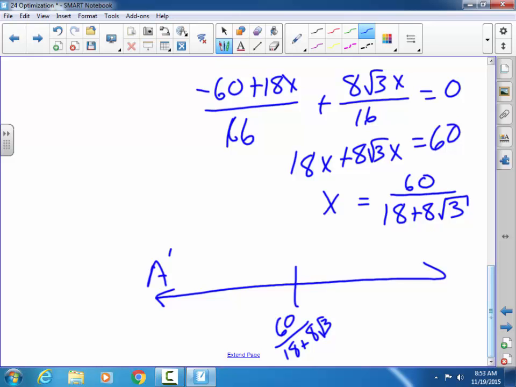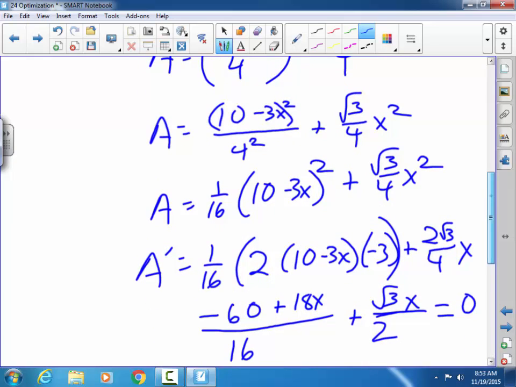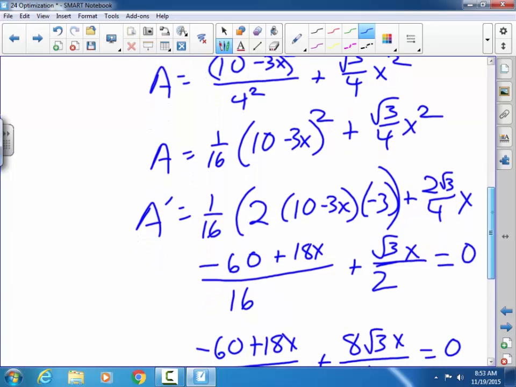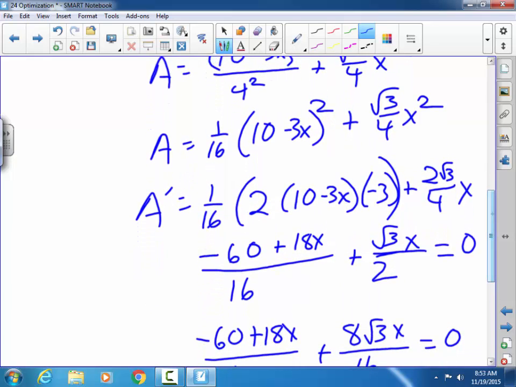All right, so what happens when we put 1 into this area derivative right here? We get 10 minus 3 is 7. 7 times negative 6 is negative 42 over 16, which is negative 2 point something. Would y'all agree with that?